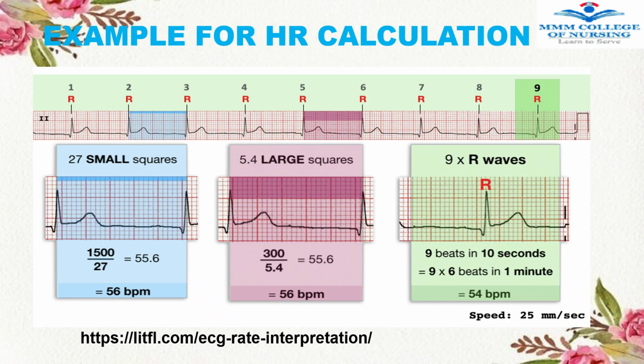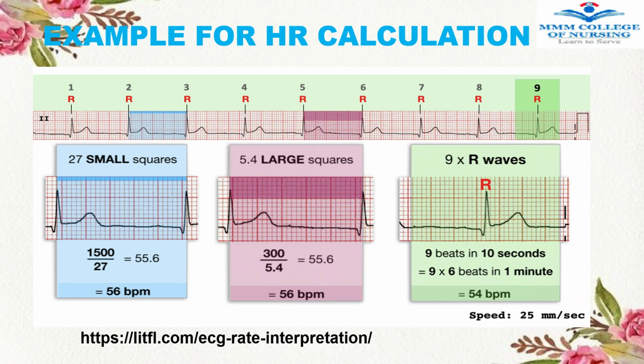To have a clear understanding of the methods of heart rate calculation, here is an example where all 3 methods of heart rate calculation were used. The first method shown here is our small box counting method. The number of small boxes present between the RR interval is 27.